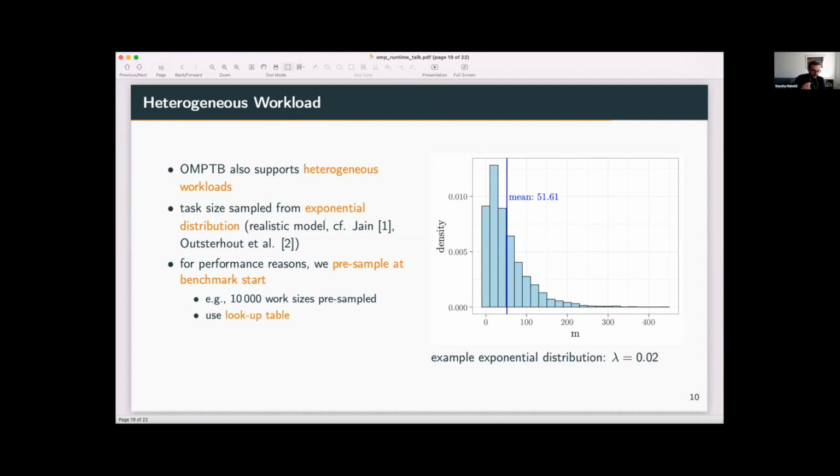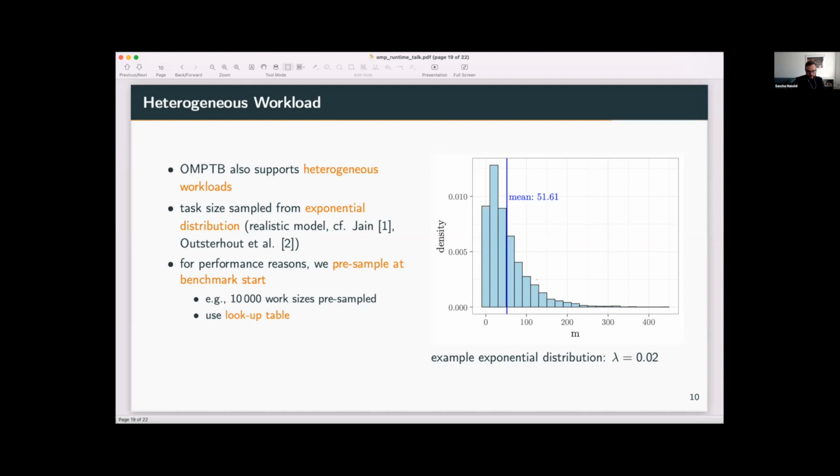So we sample these task sizes from an exponential distribution, and this exponential distribution is actually a realistic model for jobs in parallel settings, and we can find this in this related work. But in order to be efficient, we actually pre-sample from this distribution before the program starts, and then we have a lookup table to know exactly in a quick way how large each task is.